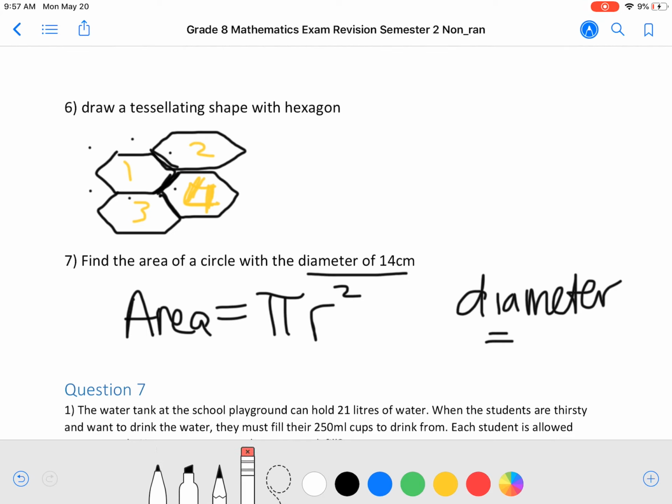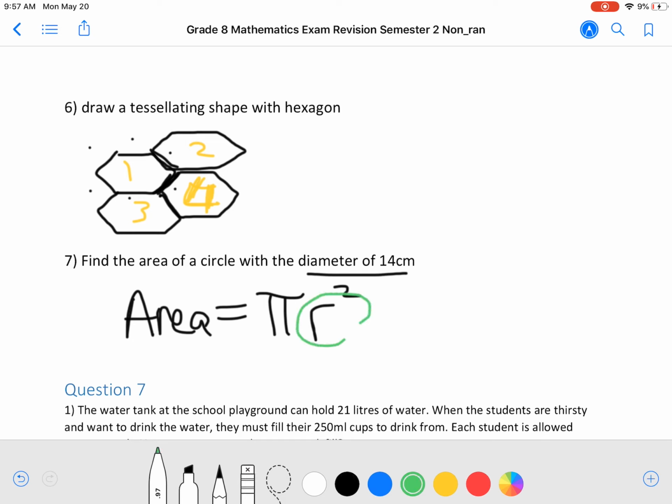We know that there's a relationship between diameter and r, where r is equal to radius. The radius is half of the diameter. So the radius here is equal to 14 divided by 2, which is 7 centimeters.